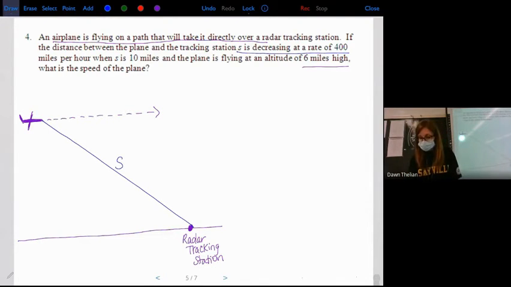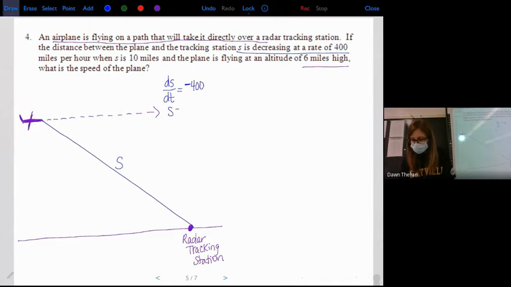Well, I'm going to start building what I know then. If the rate, that's the dS/dt, is decreasing, it would have to be negative 400, and we're in miles per hour. I'll bring back units later. If the distance between the plane and the tracking station S is decreasing at a rate of 400 miles per hour, when S is 10.